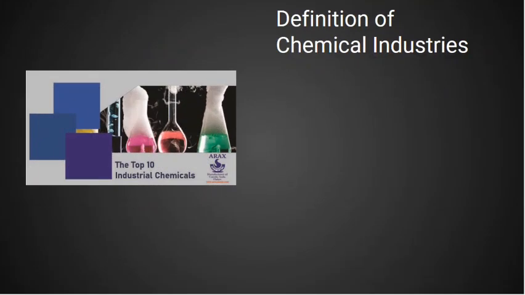So now, there is no way we'll be talking about applied chemistry that we won't be talking about chemical industries. Basically, the chemical industry is the body that puts all these chemicals together by virtue of the chemists that they have.